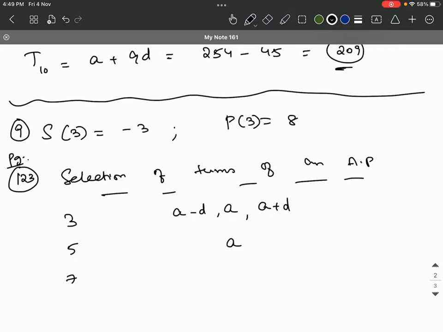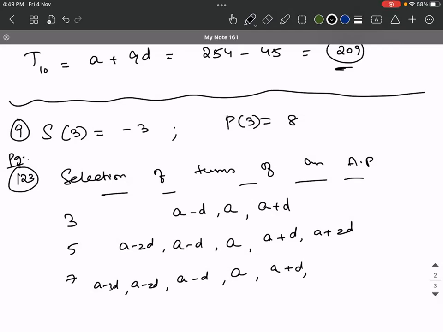So for 5 terms, middle term is A, on the left side how many terms will you have? A minus D and A minus 2D, and on the right side you will have A plus D and A plus 2D. Are you able to understand this point? Similarly, you have A, A minus D, A minus 2D, A minus 3D, and this side A plus D, A plus 2D, A plus 3D.